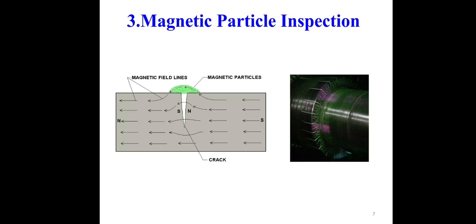The non-ferrous materials such as aluminum, magnesium, copper, lead, tin and titanium, and ferrous but non-ferromagnetic austenitic stainless steel cannot be inspected using this method. It is a relatively simple, inexpensive and rapid technique. It is free from any restrictions as to size, shape, composition and heat treatment of the ferromagnetic specimen.